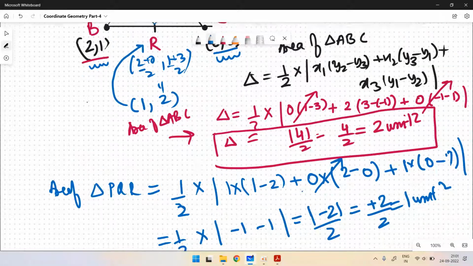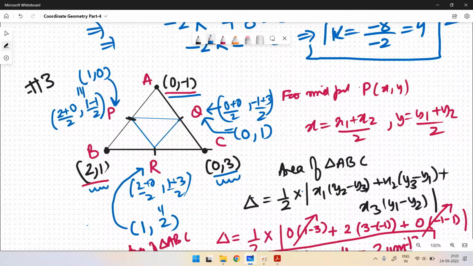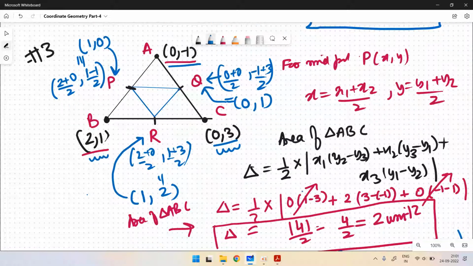I'm doing some mistake. 1 0, 0 1, 4 by 2 is 2. Yes, this is 1 comma 0, this is 0 comma 1.